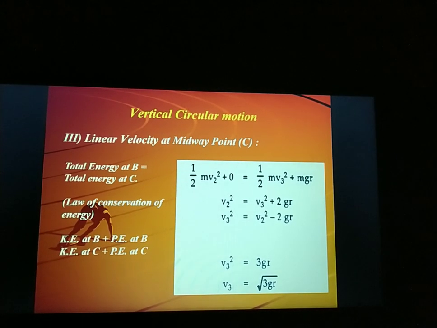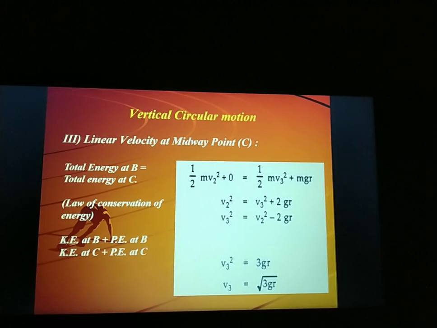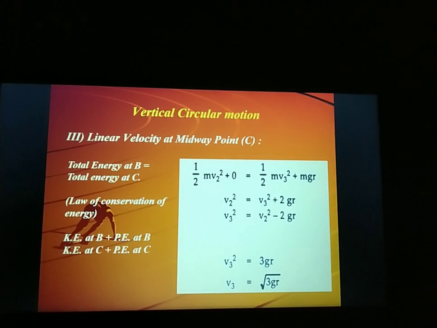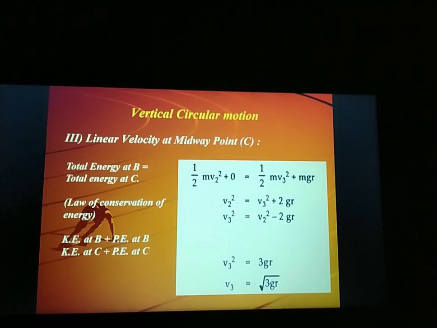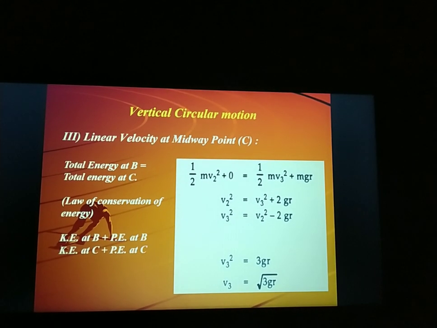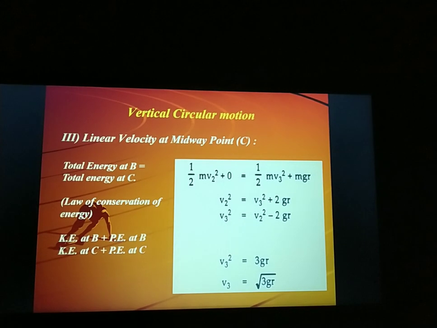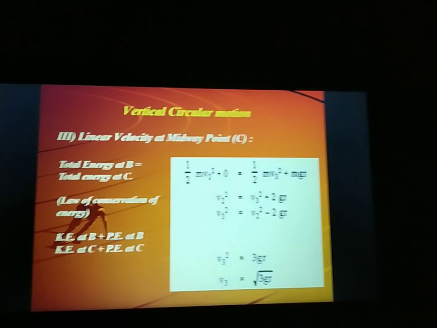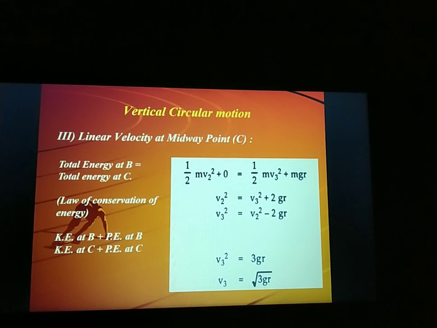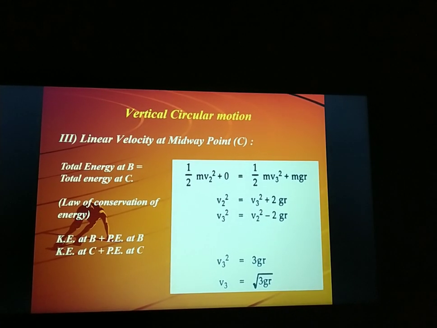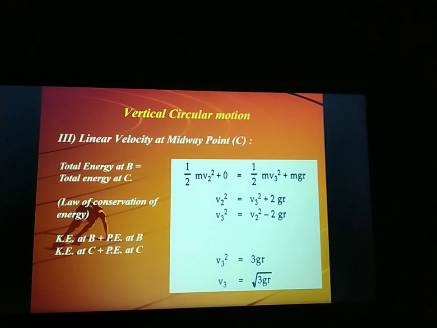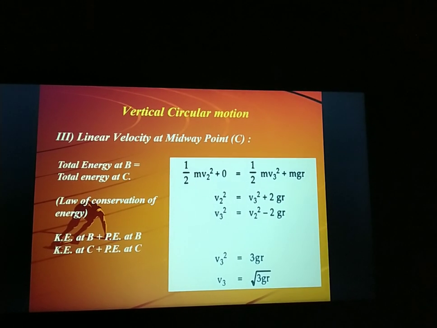Kinetic energy here will be half mv2 square, and potential energy will be 0 because it is at the bottom of the circle, so height is 0. This is equated to half mv3 square, the kinetic energy at point C, plus potential energy at C, where the height is r, the radius, because C is at height r from the bottom point B, so it will be mgr.